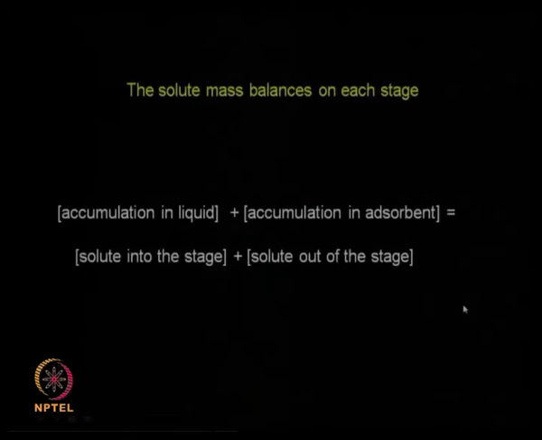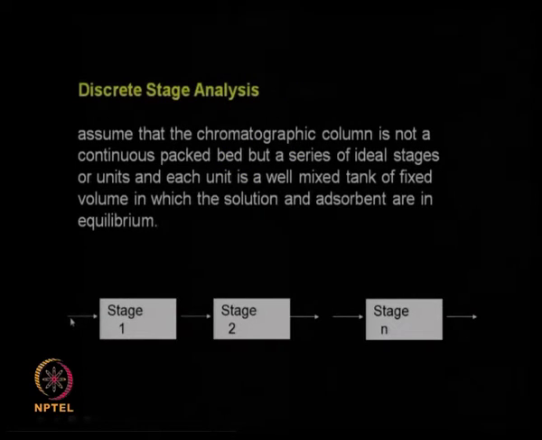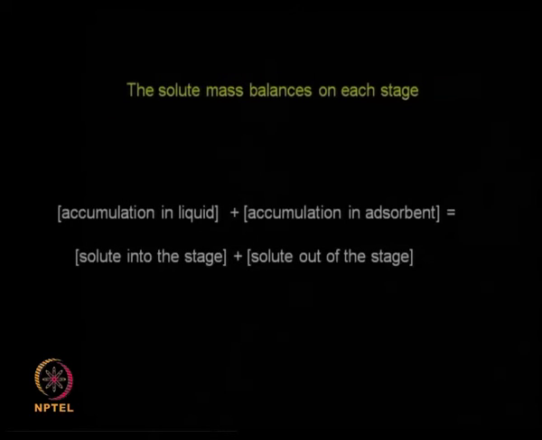So how do you do the mass balance on each stage? As you can see, we have a stream coming in and a stream going out, that is all. In chromatography it is very simple. You have the stationary phase inside the stage, and there is only one single stream coming in and another stream going out. The stream coming in has some solute, and the stream going out also has some solute.